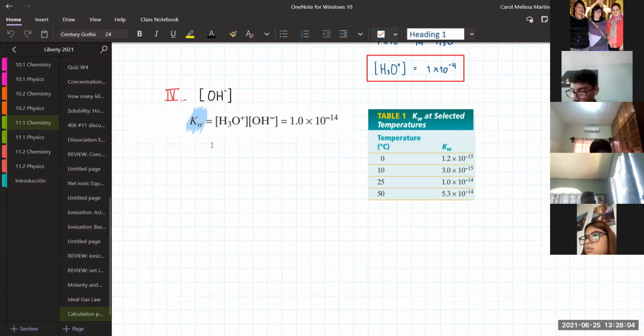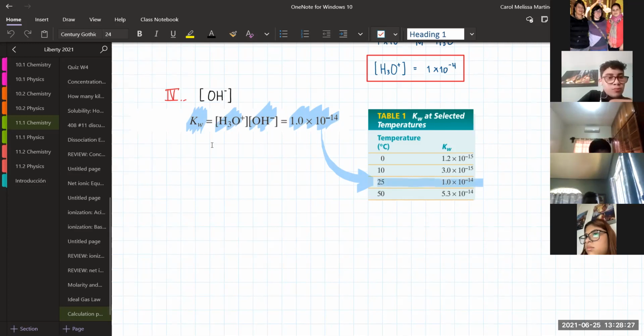This formula says Kw equals hydronium concentration times hydroxide concentration equals this number. Now, this number is coming from the table. Why am I highlighting those values? Why is the temperature of 25 Celsius so important for this topic?